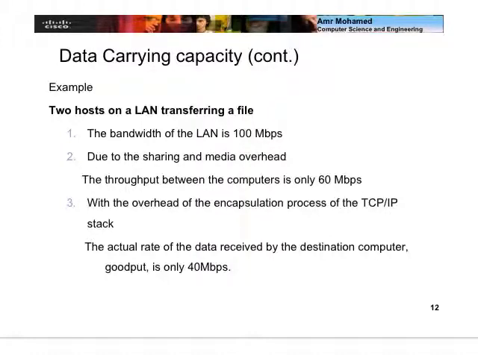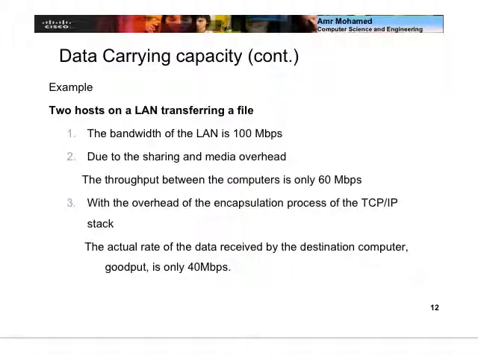Only like 60% or 70% of this theoretical bandwidth will be useful or will be used, which is what we call throughput. From this 60 megabits per second, if you remove all the protocol overheads from the data link layer all the way to the application layer, you may end up with an actual goodput of 40 megabits per second.